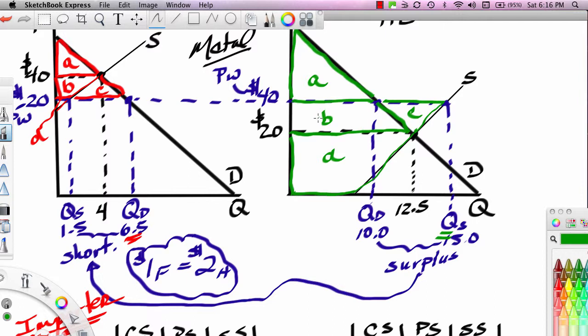So producers are going to get areas B, C, and D, this entire area, because they produce out to 15 million tons. Consumers, on the other hand, because the price rose, get above the price line, below the demand curve, out to 10. Remember, consumers are demanding less, so they're only getting area A. So let's go ahead and fill our table in.